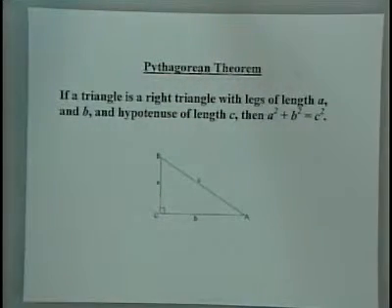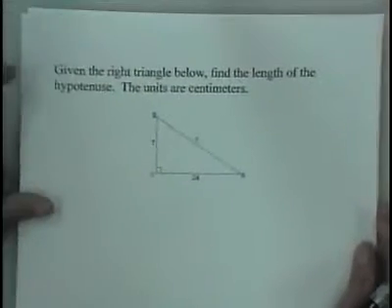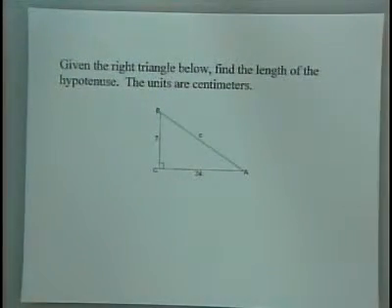Let's try the Pythagorean theorem and work a couple of examples. Given the right triangle below, we want to find the length of the hypotenuse. The units are in centimeters.